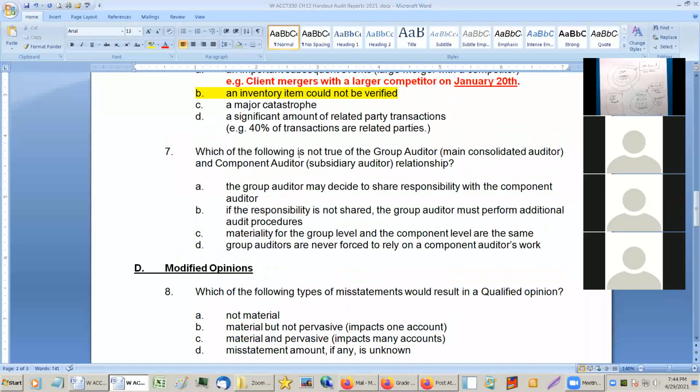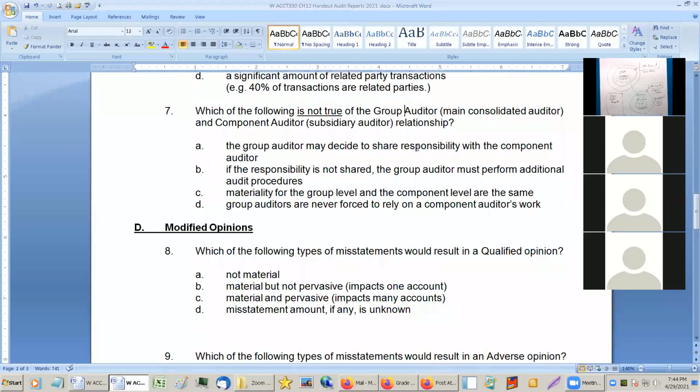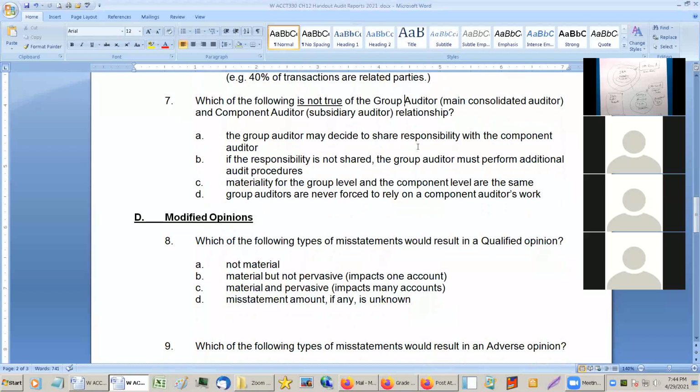So which of the following is not true for the group auditor? Which one do you think it is?